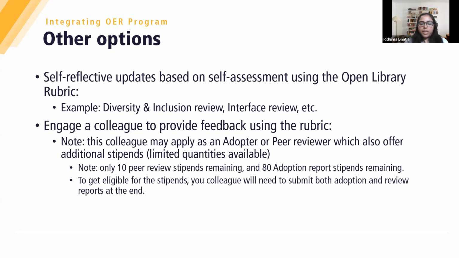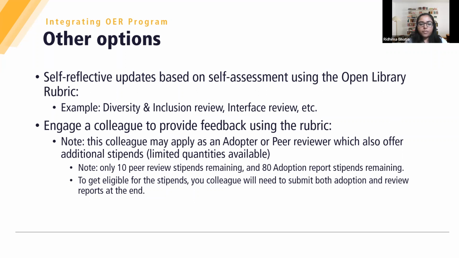So in both cases, in the end, you just need to provide the version report and the updated OER to the Open Library. If you are engaging your colleague to provide feedback using the rubric, please note that this colleague may also apply as an adopter or peer reviewer, which also offers additional stipends.